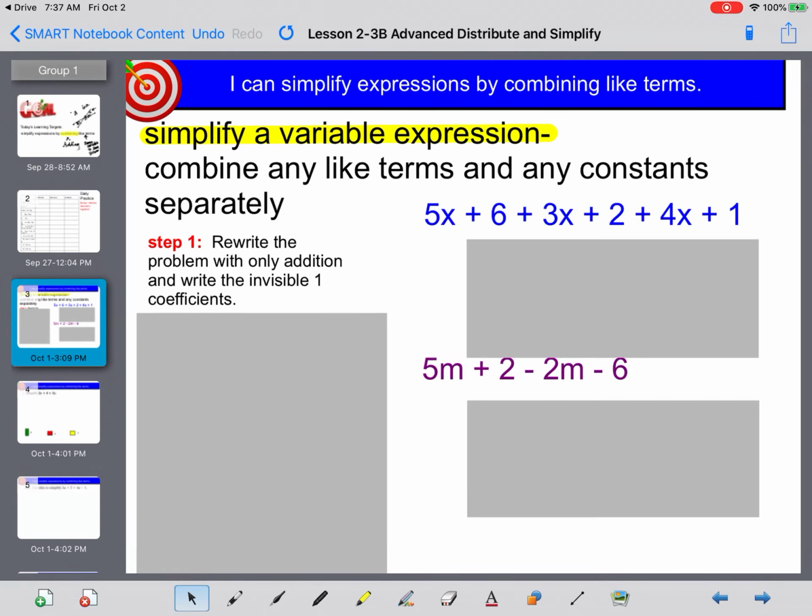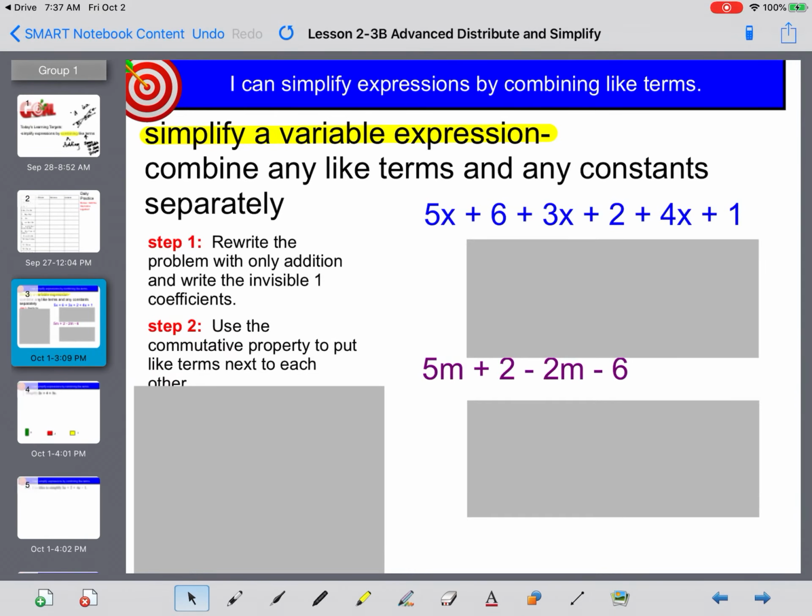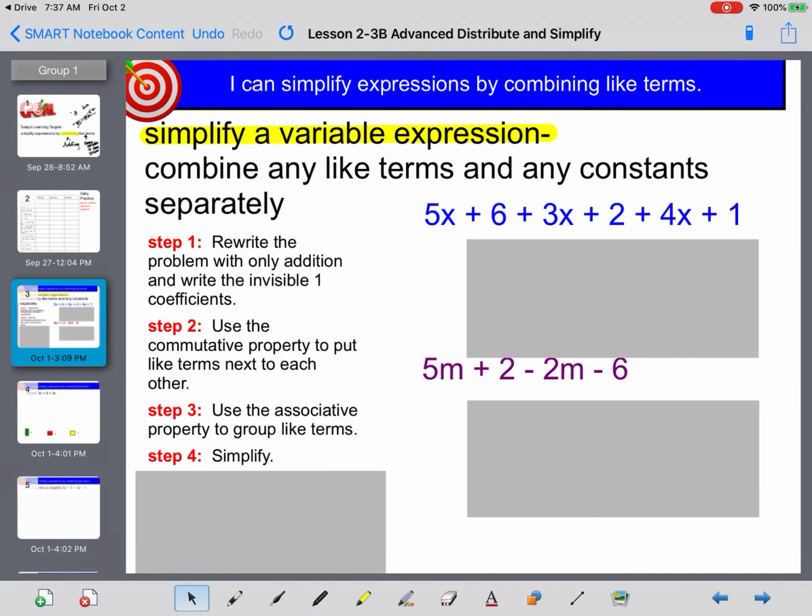So if you have just a variable with no coefficient, make sure to squeeze a 1 in there to remind yourself what that is. Step 2, use the commutative property to rearrange the terms to put your like terms next to each other. Then you're going to use the associative property to group your like terms and simplify. Now that seems like a lot, but it's not so bad.